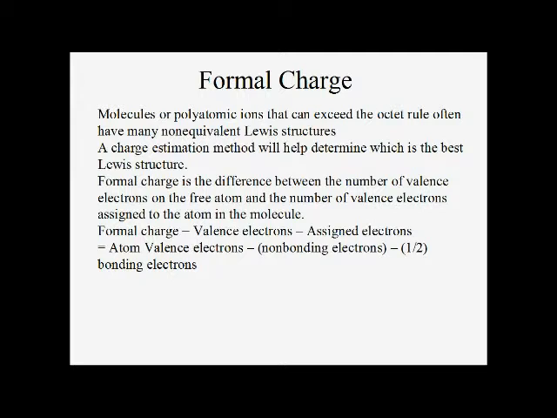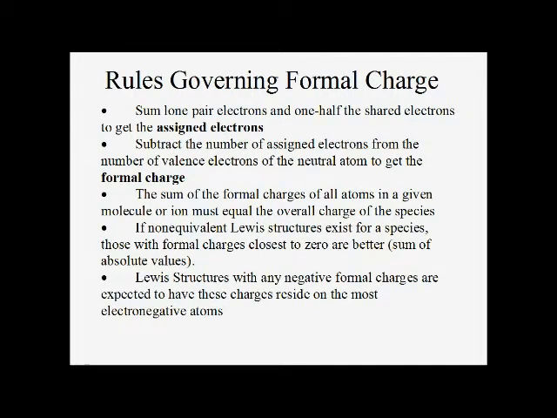So we calculate formal charge for each atom in a molecule. Once we have all the formal charges of the atoms, now we can use that to determine which is the best Lewis structure.